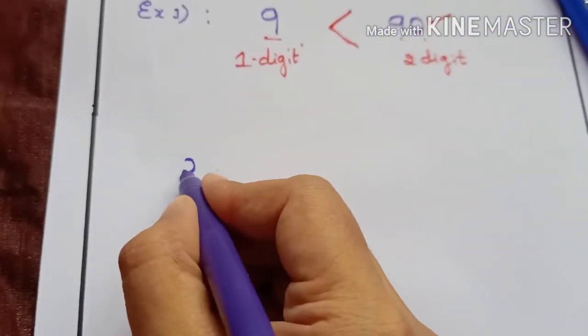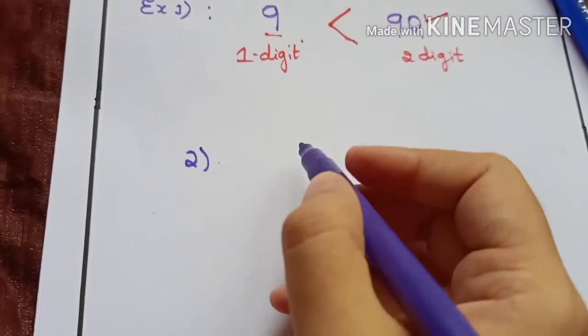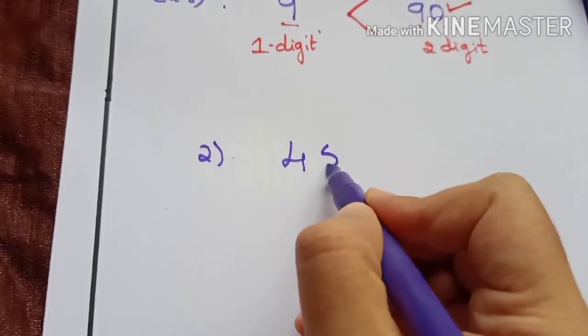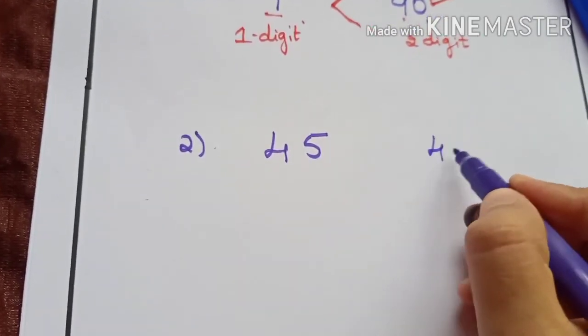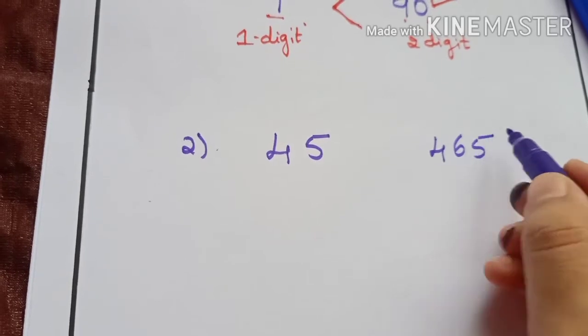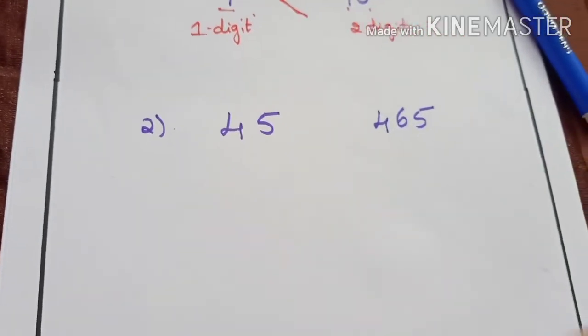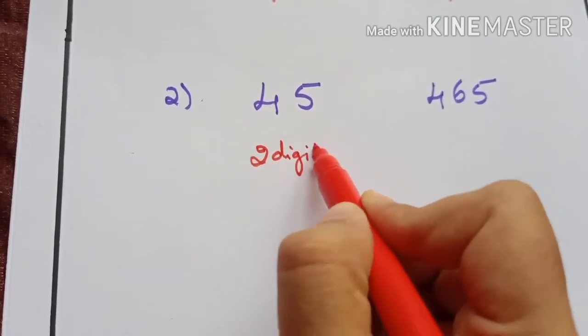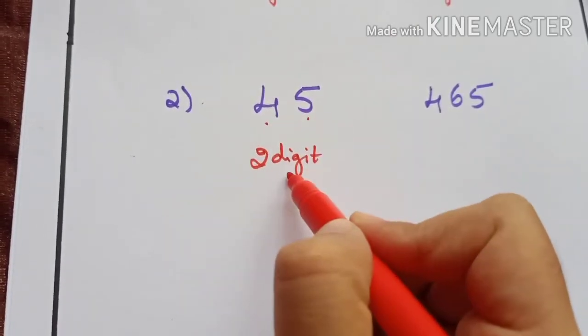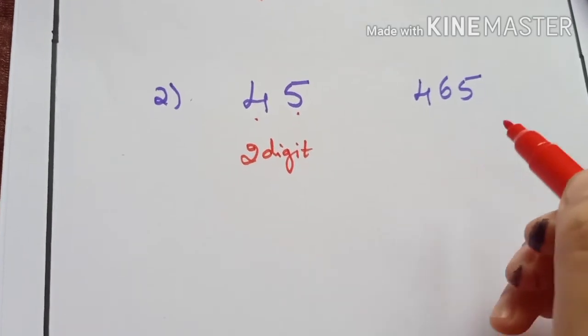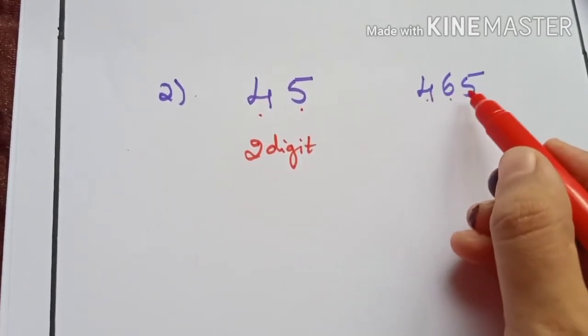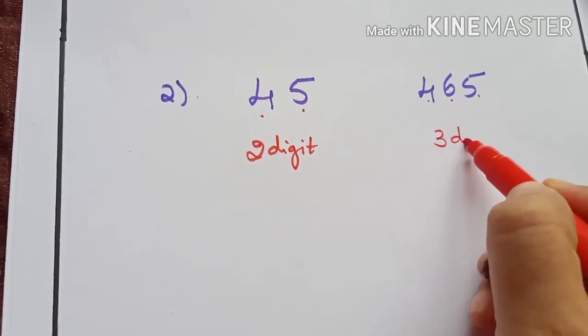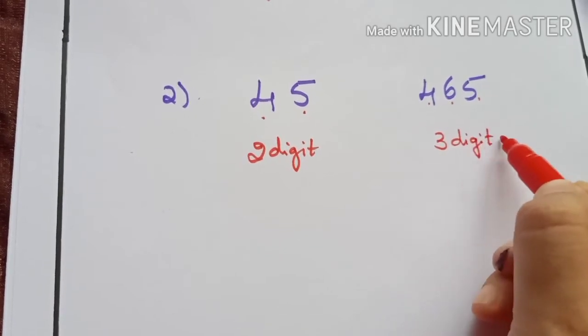Example 2. 45 and here 465. Can you now notice this is a 2 digit number, 4 and 5, and here 1, 2, 3. This is a 3 digit number.